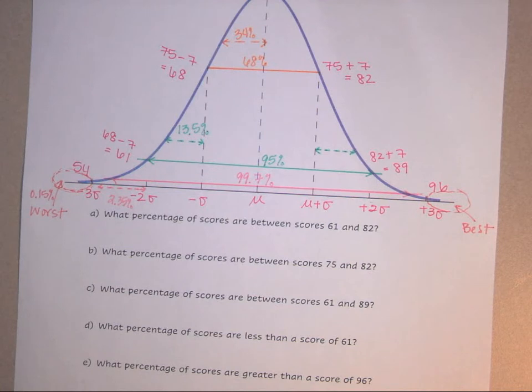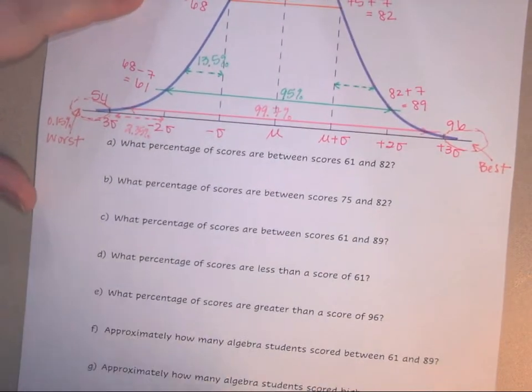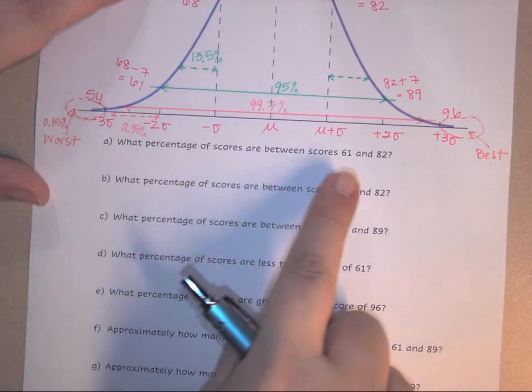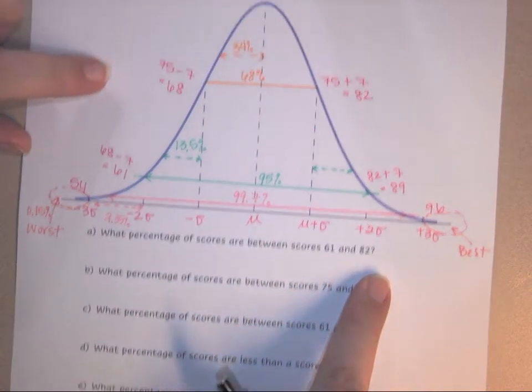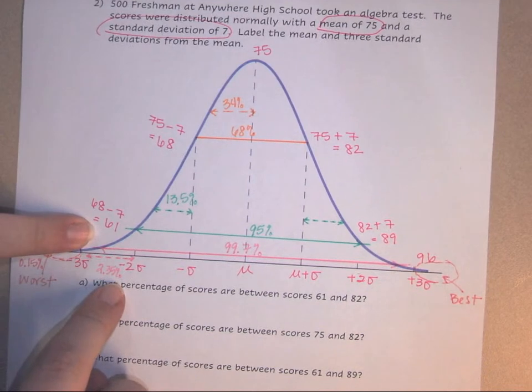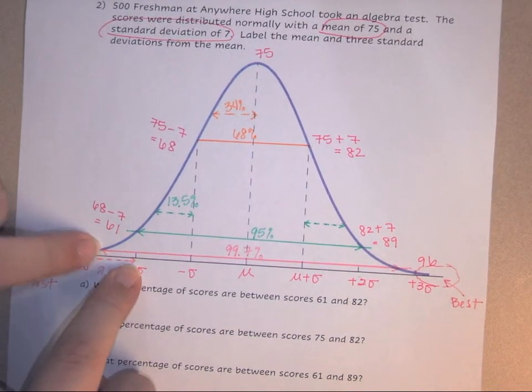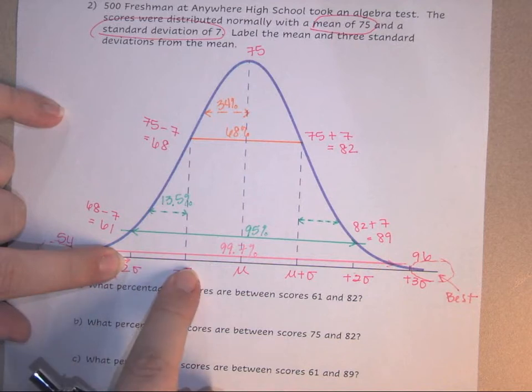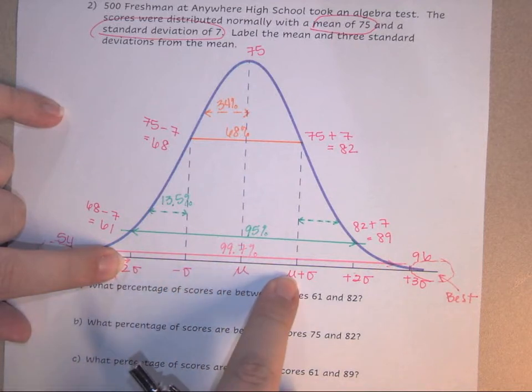Once you do that, all that needs to happen is you just need to use it as reference to answer your questions. So the first question says, what percent of scores are between 61 and 82? So you're going to come up and you're going to look. I have 61 is going to show up right here at my second standard. And then I have 68 to 75 to 82.